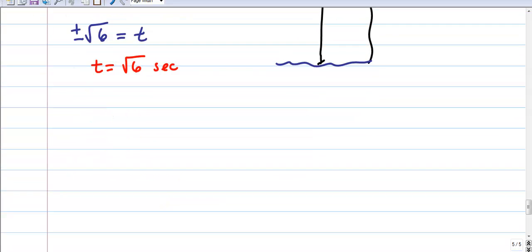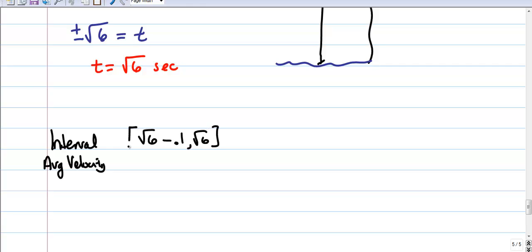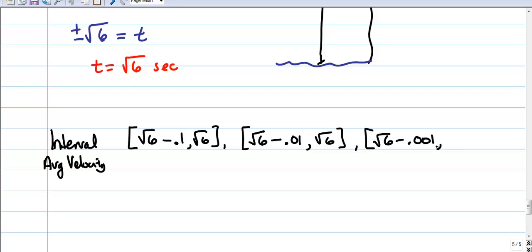Here, if I didn't, I could look at interval and then average velocity. Maybe I want to know, what if I'm 1/10 away? So what if I'm in this interval? And then maybe do one where I'm even closer, 0.01, comma square root of 6. Maybe another one, square root of 6 minus 0.001, and then the square root of 6.